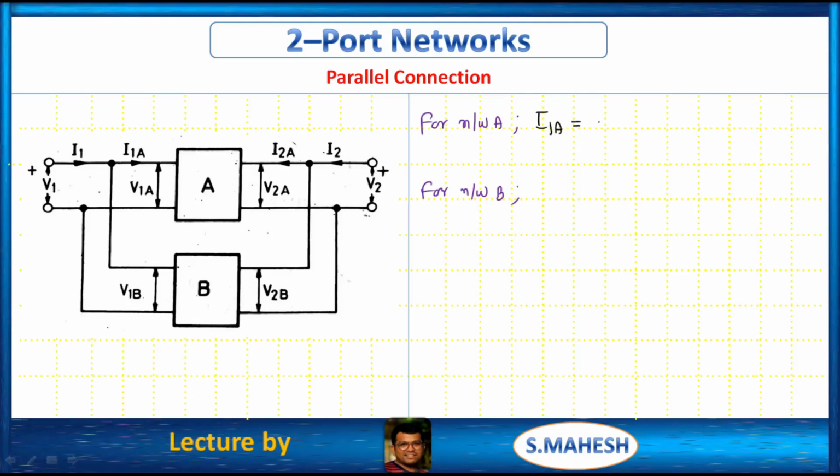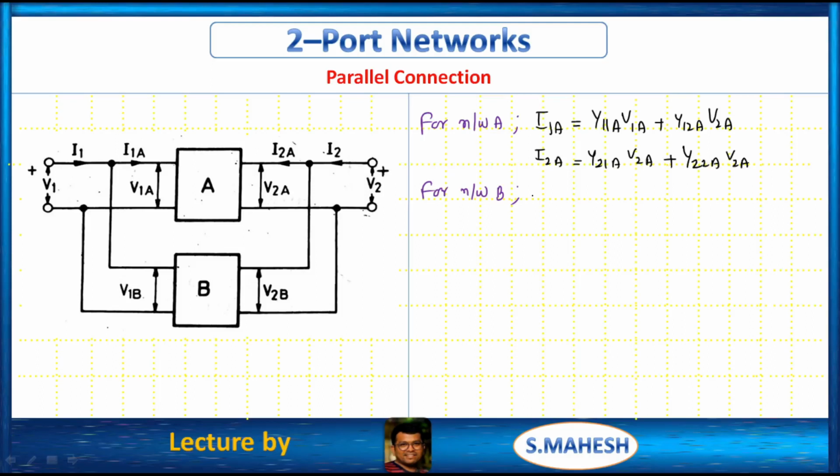Because these two are connected in parallel, it's better to use the admittance parameter representation: I1A is equal to Y11A V1A plus Y12A V2A, and I2A is equal to Y21A V1A plus Y22A V2A, that's it, right?